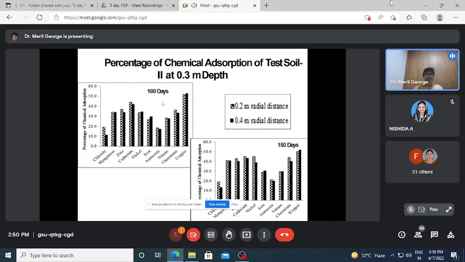So we can see that the percentage of concentration of cadmium, copper, chromium, manganese, zinc, iron and nickel are very high, and all these chemicals belong to the heavy metal category also.